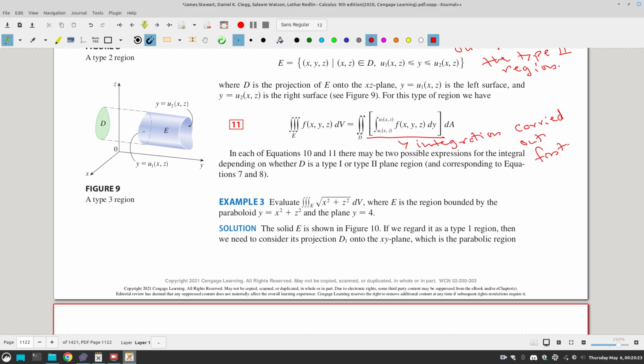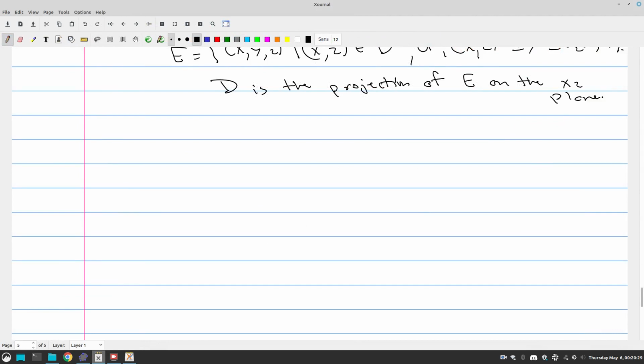So this is our E. This is example 2, from pages 1086 and 1087 of the Stewart textbook.